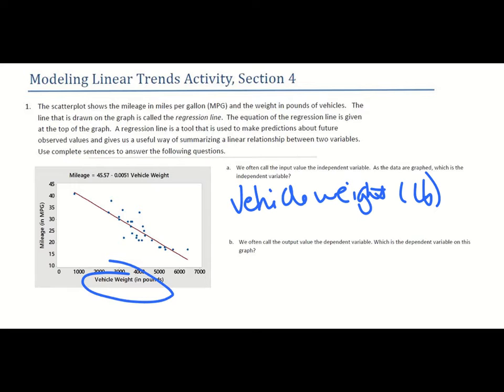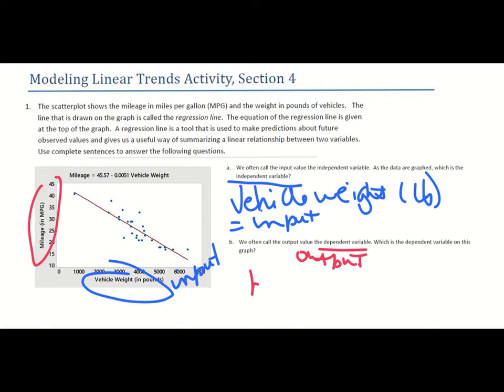So your independent variable is your input. They just changed wording on this. Your dependent variable is your output. That's your mileage, that's in your miles per gallon.